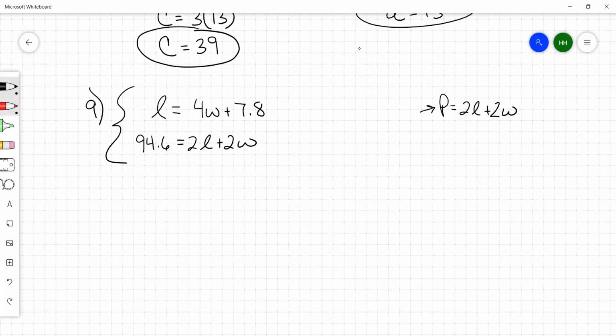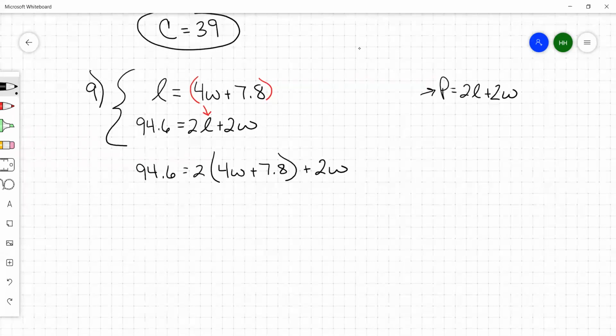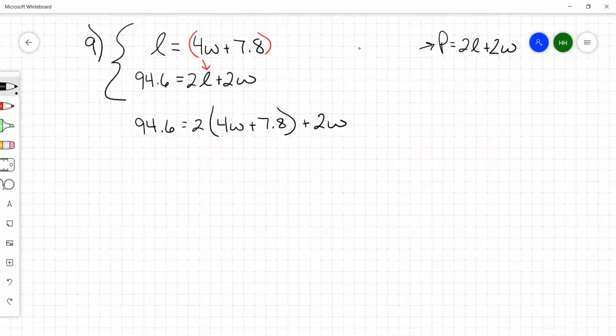So look, here's your L. So put it here. 94.6 equals 2 times L, which is 4W plus 7.8, plus another 2W. So you got to distribute. 94.6 equals 8W plus 2 times 7.8, 15.6, plus another 2W.